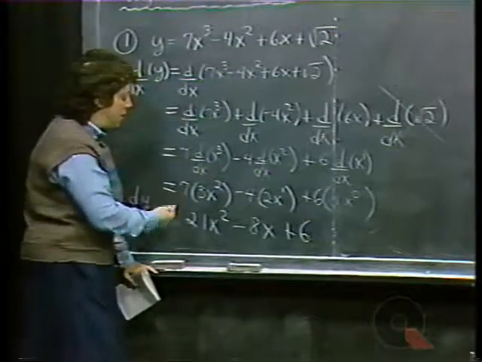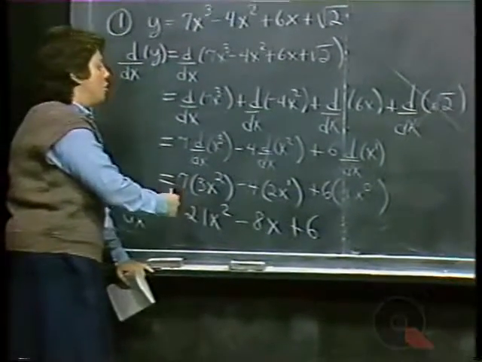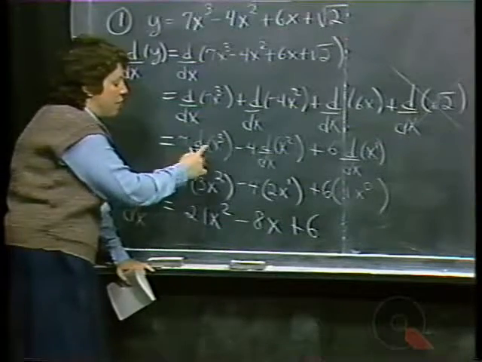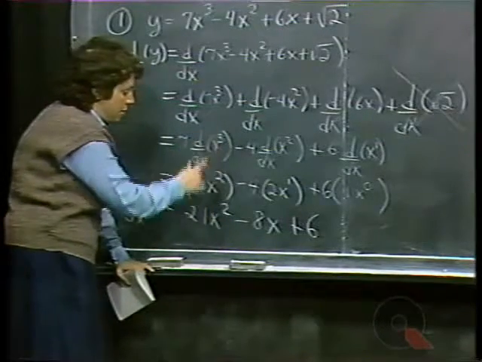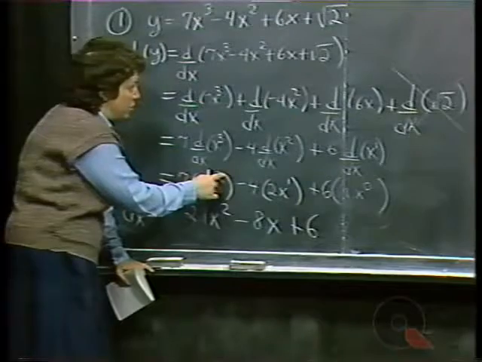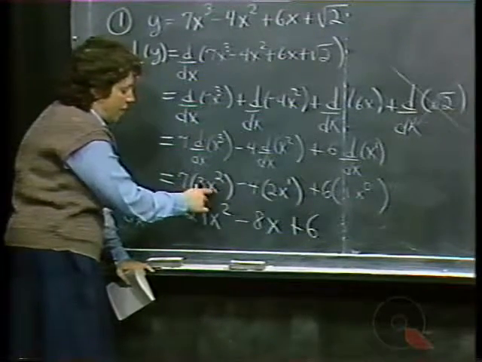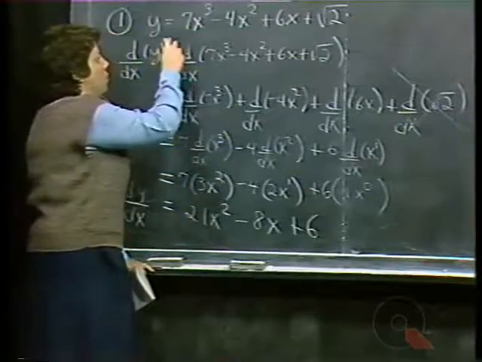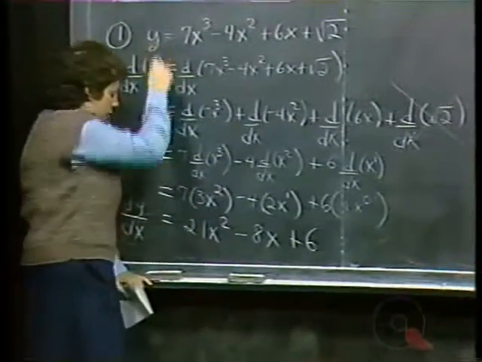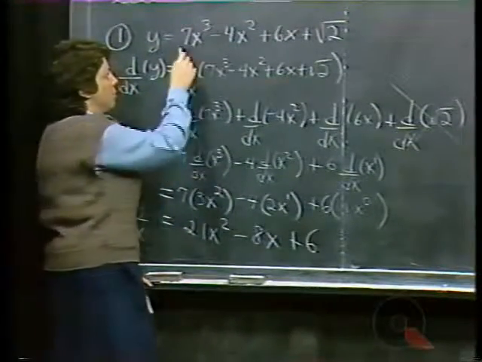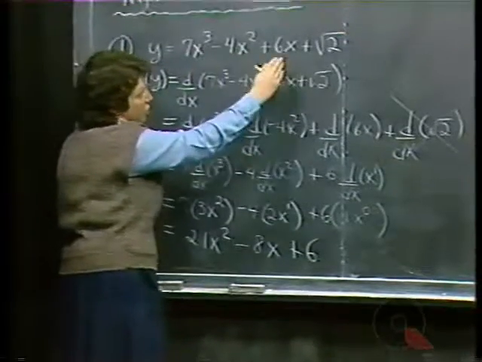So what's happening is you're coming down and you have pulled out the constant, and now the derivative of x to a power is the power times x to the 1 less power. So basically, in each term, it's the constant times the power x to the 1 less power. In other words, you could go from the original function to its derivative by following the simple rule that you're going to differentiate term by term.